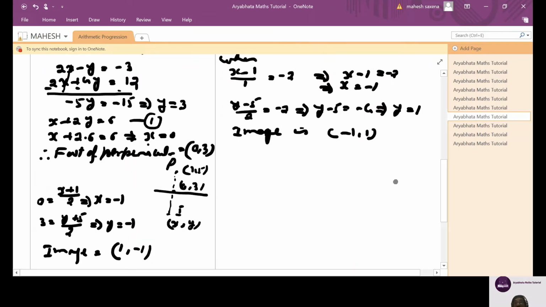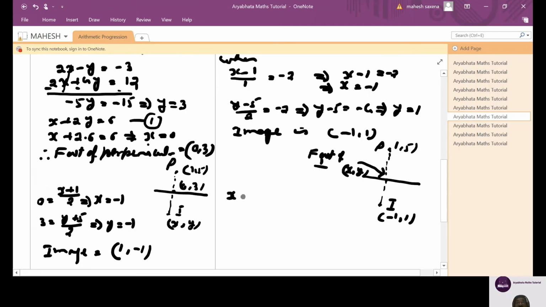Now in this case, the point P is 1, 5 and the image I is minus 1, 1. The foot of perpendicular is the midpoint. Let this point be x, y.